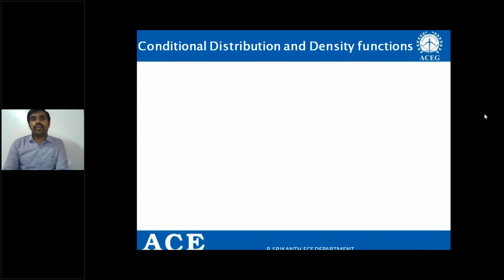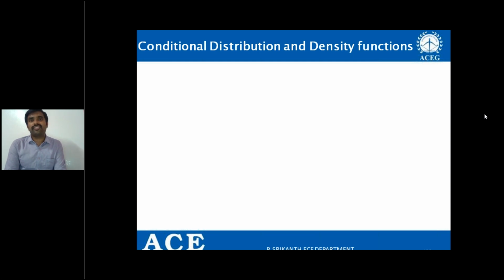That is, if the random variable x is conditioned by an event b, that b is the event selected by using the same random variable x. In that case we took two cases: one is point conditioning, the other is interval conditioning. In a similar way, we are going to discuss the conditional distribution and density function with the two cases, point conditioning and interval conditioning, in this case also.